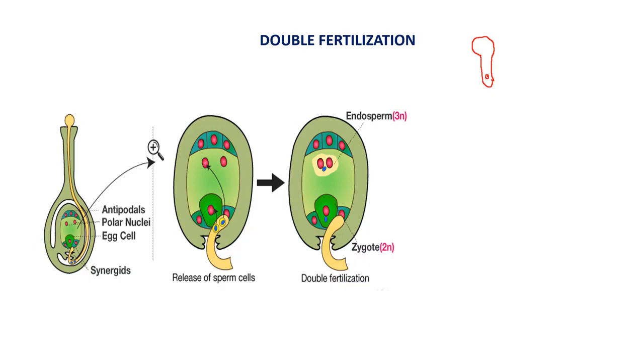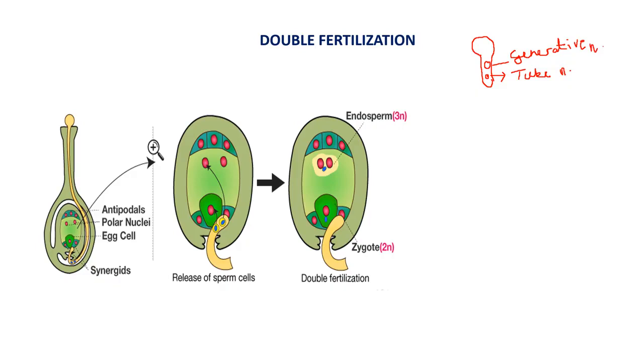This is the tube nucleus, the other one is the generative nucleus. For nucleus I am just writing N, right?